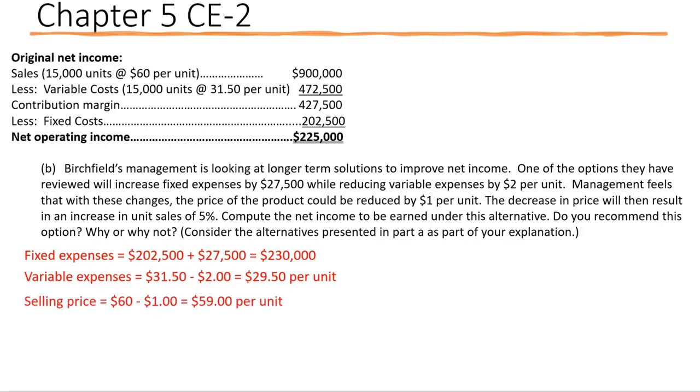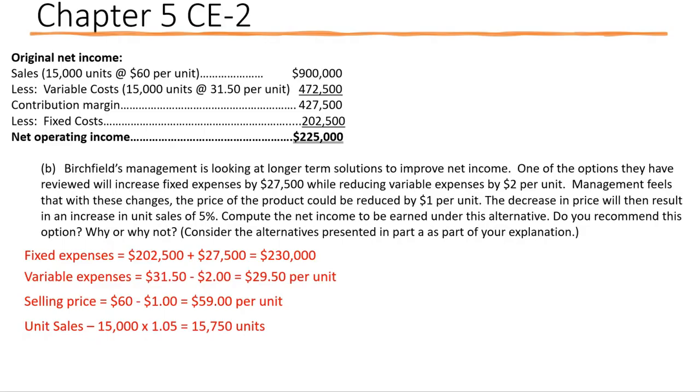Selling price reduced by $1, so it goes from $60 per unit to $59 per unit. And our unit sales increased by 5%. So we take our 15,000 units times 1.05, gives us 15,750 units.